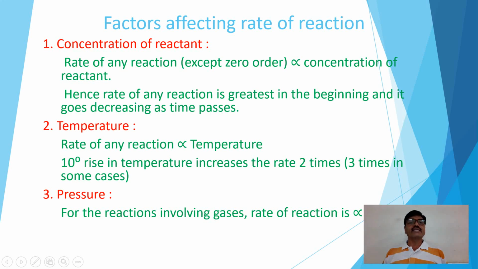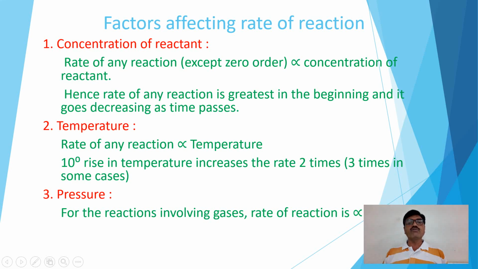Then the second factor, temperature. The rate of any chemical reaction is again directly proportional to the temperature. In this case, a 10-degree rise in temperature increases the rate 2 times or sometimes 3 times. Third, pressure.